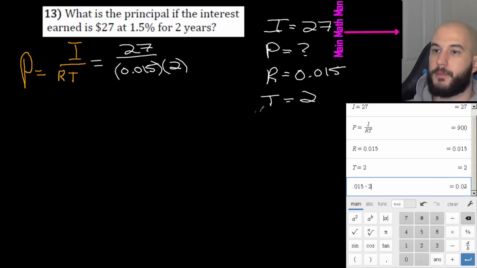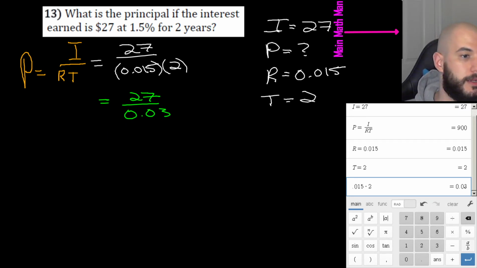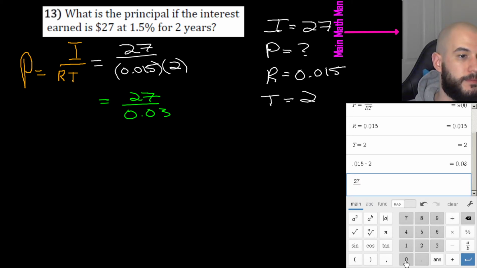And so on the bottom here, we'd say, 27 over that 0.03, and so you could say, all right, I have 27 divided by that 0.03, well, that's still our same answer as 900. Again, either way, you know you are good.